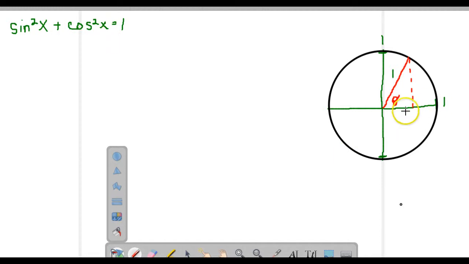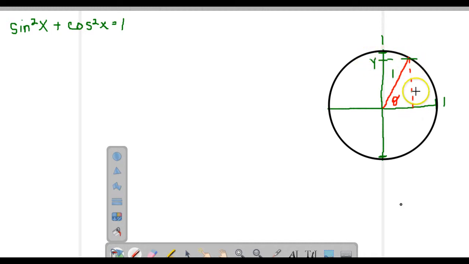So where did we come up with this? Well, here's theta, and the length of this is just the y value, whatever y this is.